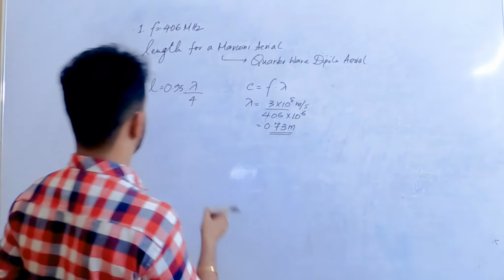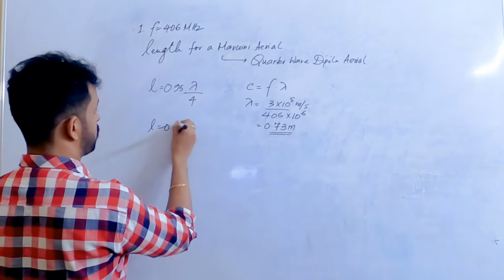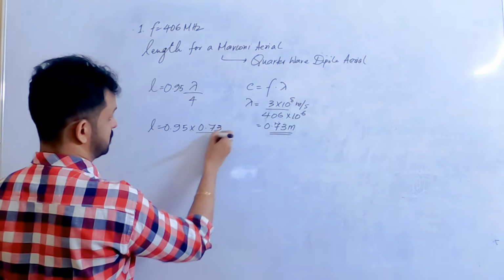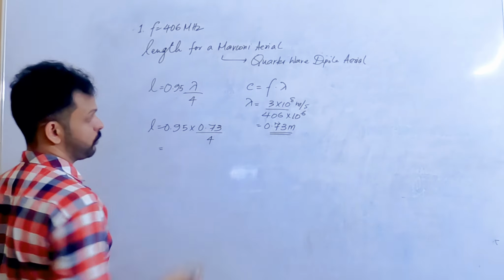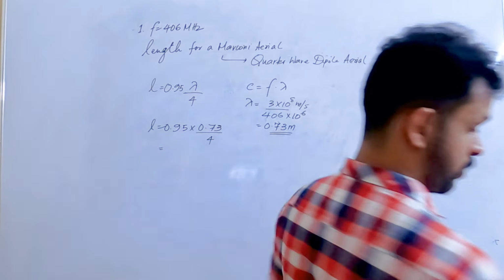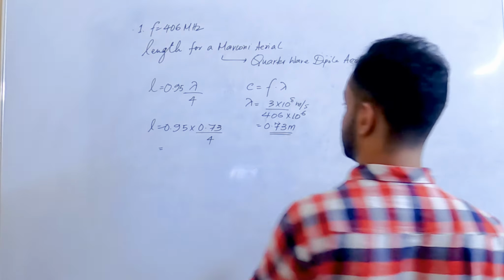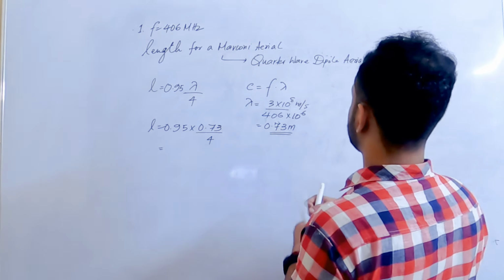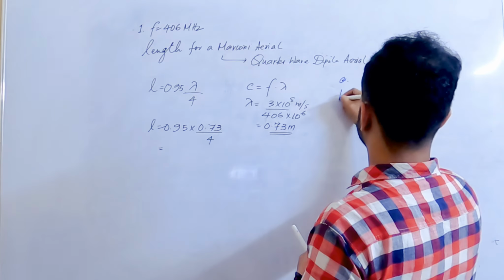Therefore, length is equal to 0.95 into 0.73 divided by 4. Is this the final answer which you told me? Yeah, this final length is 0.17.